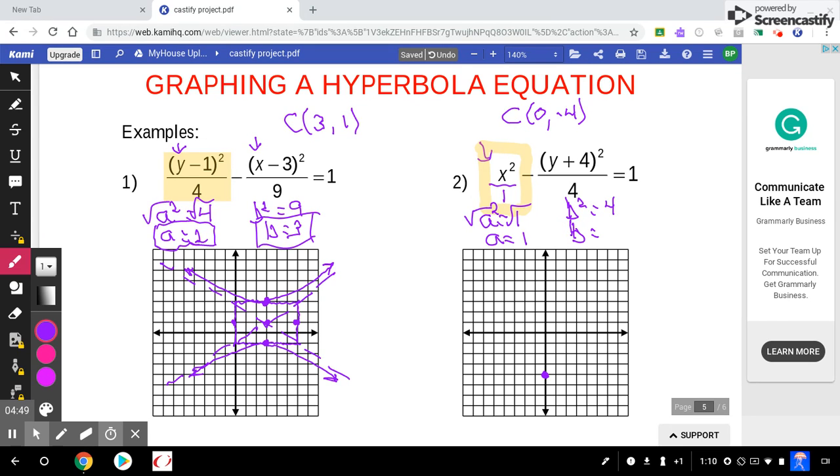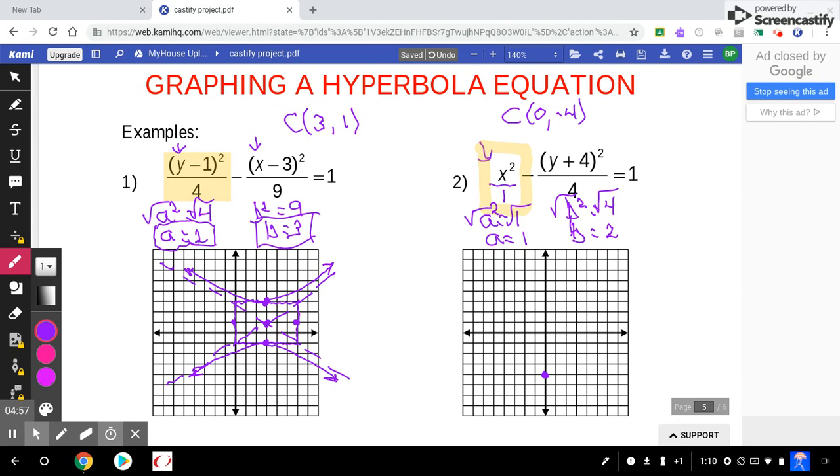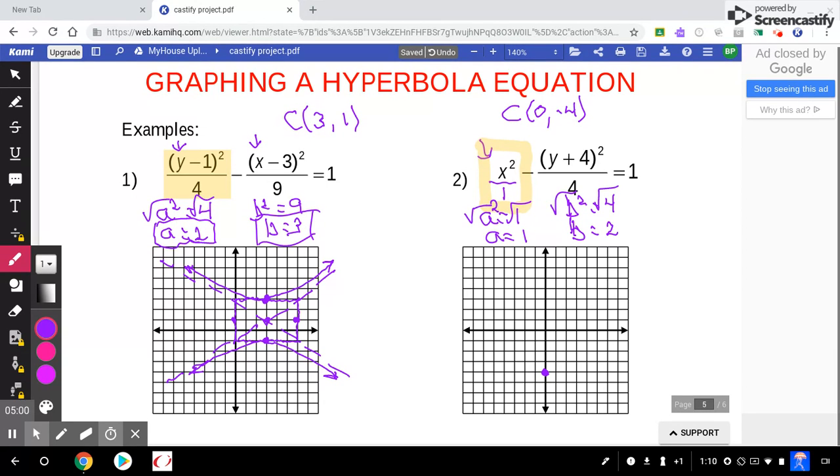For drawing purposes, I don't think it's all that important to put the plus or minus sign because we know we're going to do that. Okay, so from my center point, since my a term was underneath the x, I want to move horizontally 1 unit.